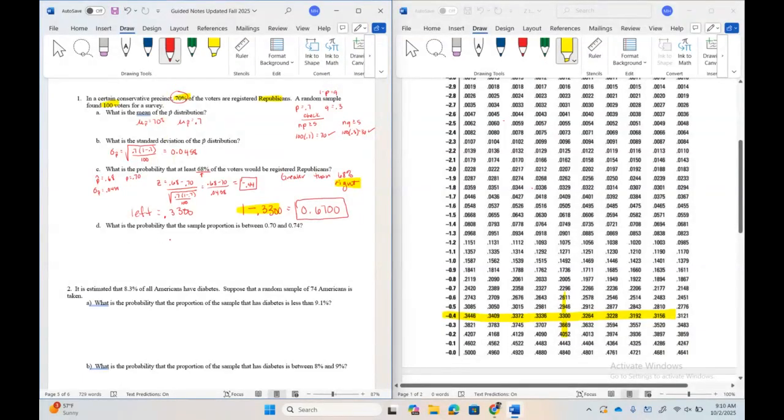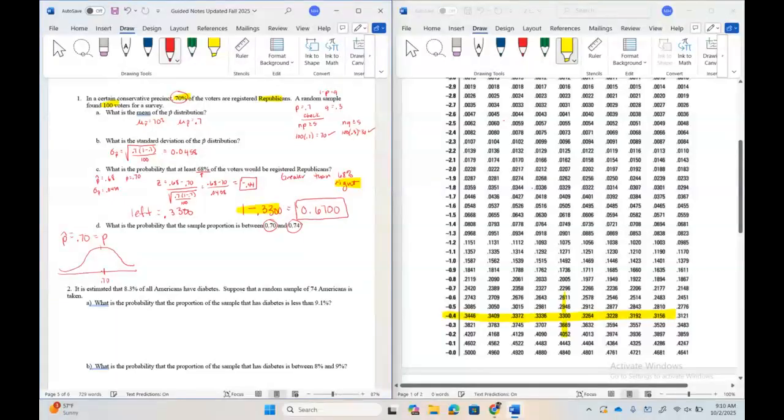What is the probability that the sample is between 0.70 and 0.74? So we have two p-hat values, so we would need to find two z-scores. Now if the p-hat value is the same thing as p, this is right in the middle of our standard distribution.